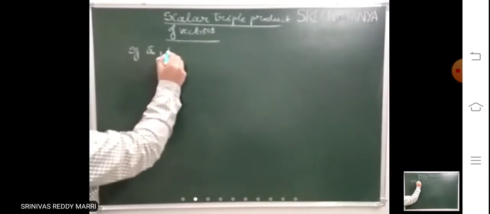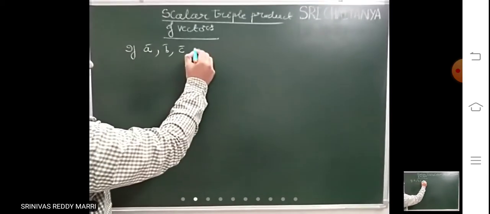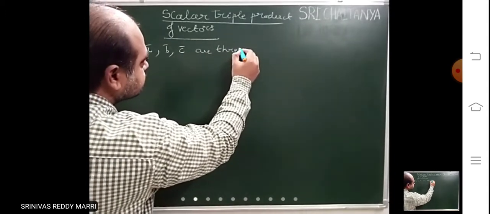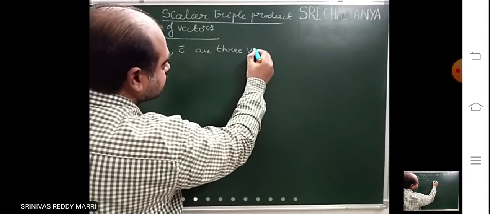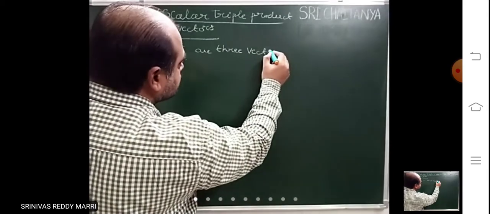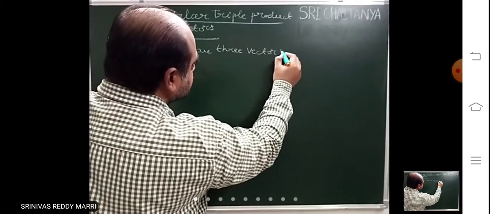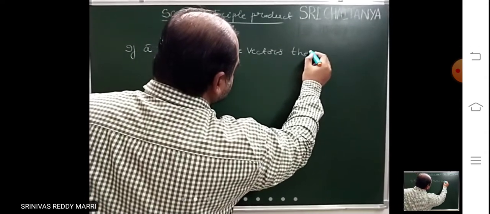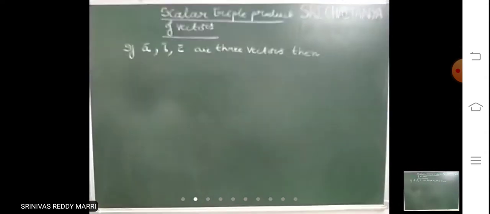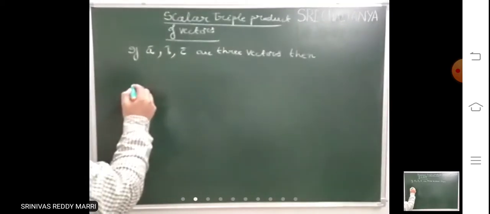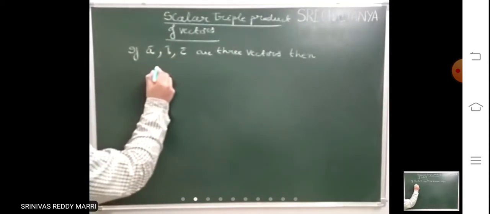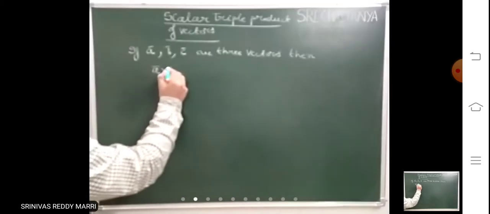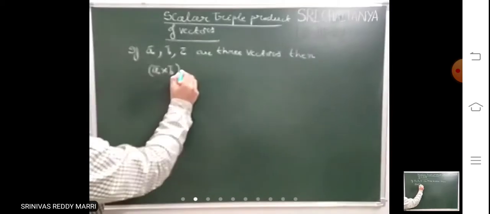If A bar, B bar, C bar are three vectors, then look at A bar cross B bar dot C bar.